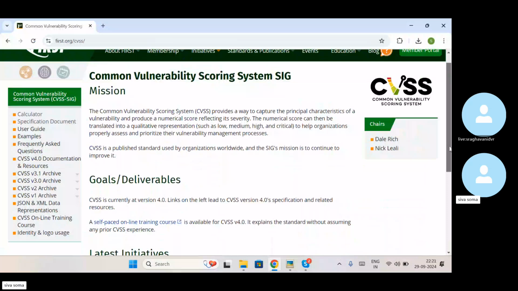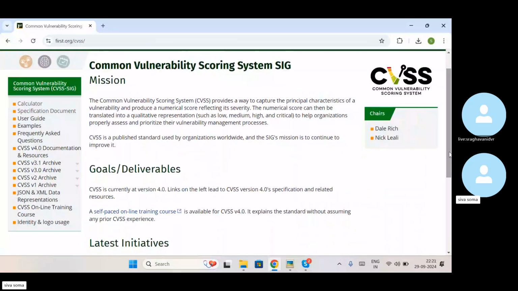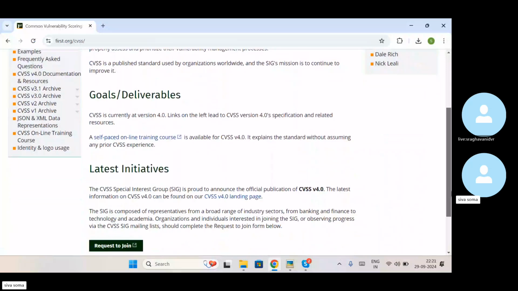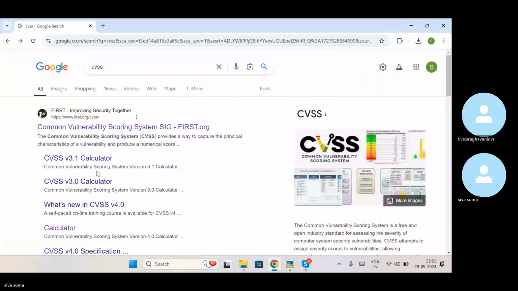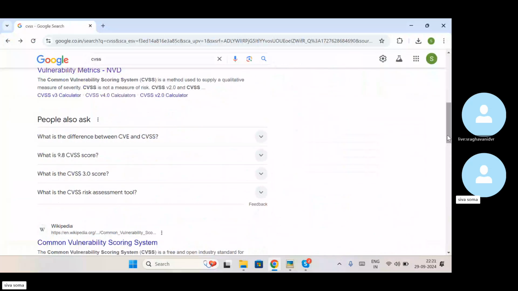This is the website. You should know about the vulnerability details. CVSS, the Common Vulnerability Scoring System, gives a rating for a particular vulnerability.